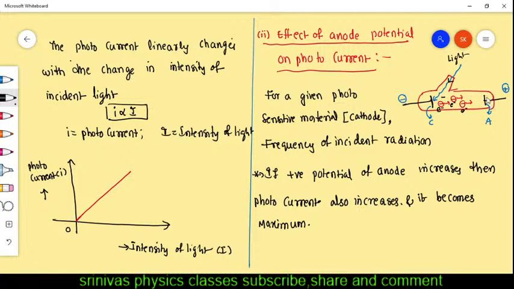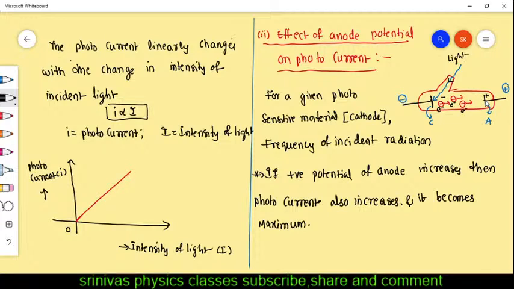If the positive potential on the anode increases, then the attraction power increases. This positive anode attracts the negative electrons. That's why the electrons go with larger speed, and the number of electrons reaching the anode also increases.